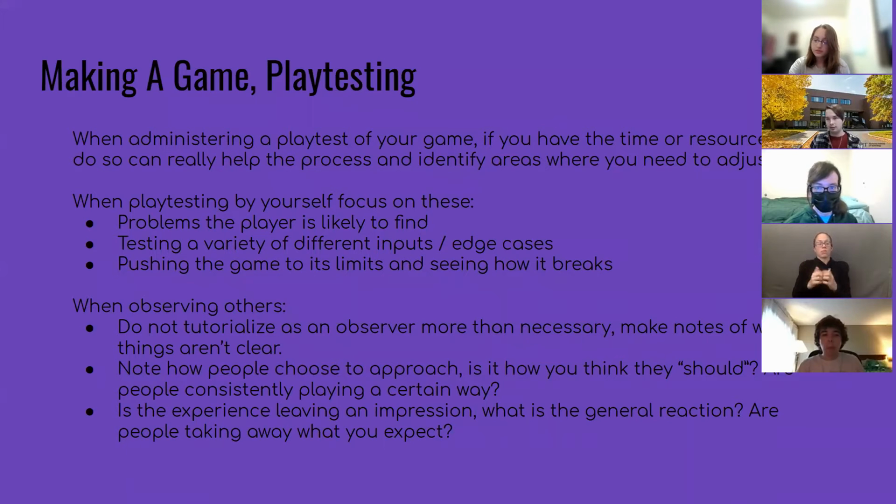How can I use the systems I've made and break this in a way that's not good? So you're just testing, basically, when you're playtesting by yourself. You're just seeing, are there any game-breaking bugs? Is it going to crash when I do these things?